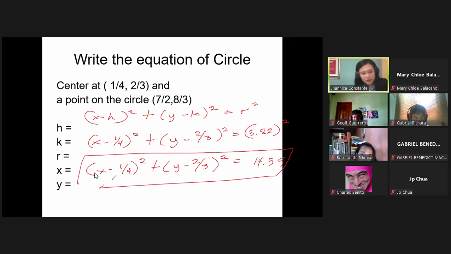So let's proceed in writing the expanded form of the equation of the circle that we have.